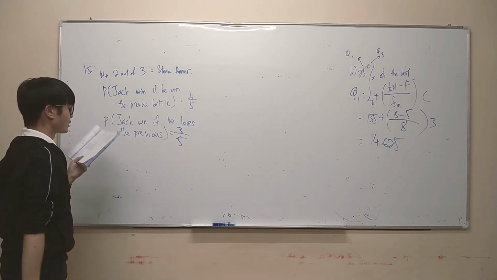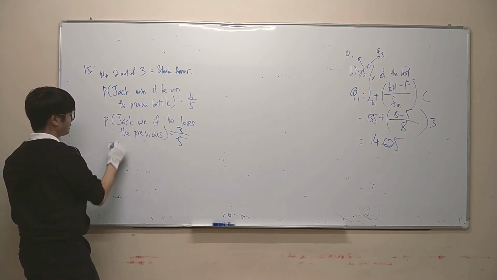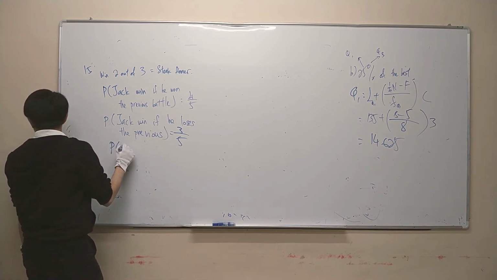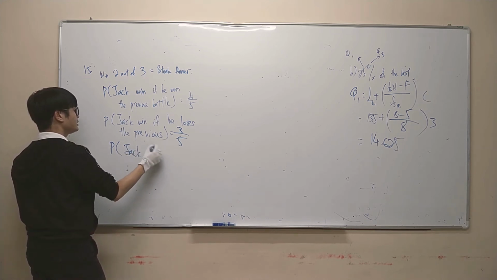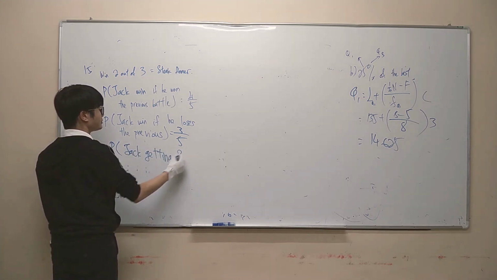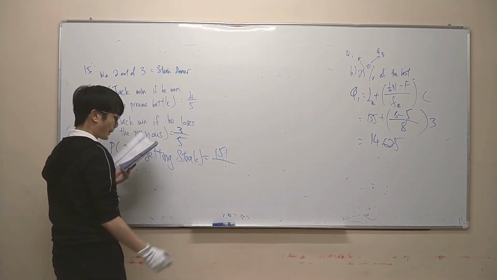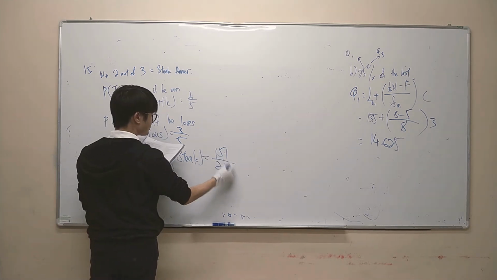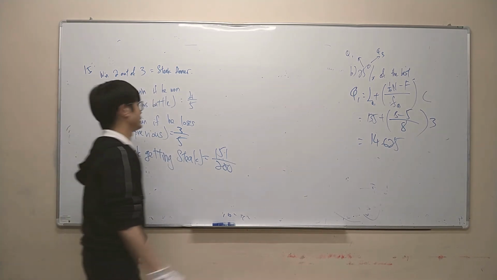Given that the probability Jack gets a steak dinner is 151 over 200. So find the probability that Jack does not get a steak dinner.